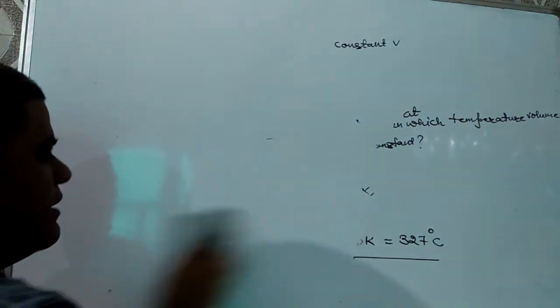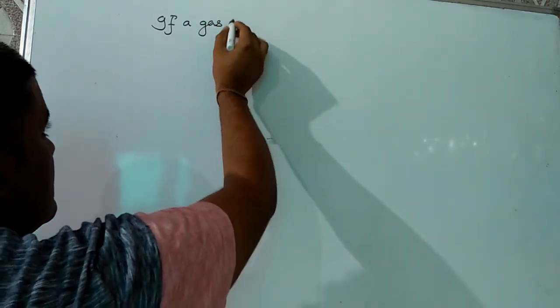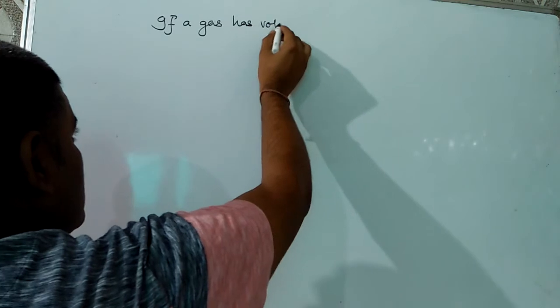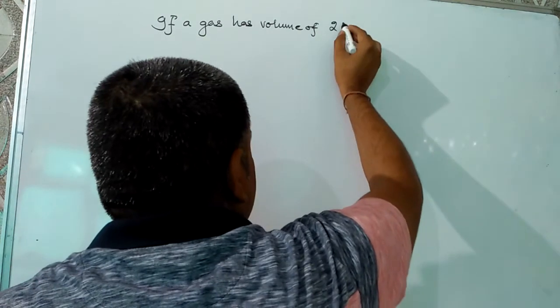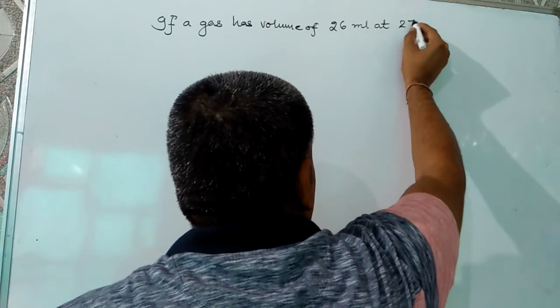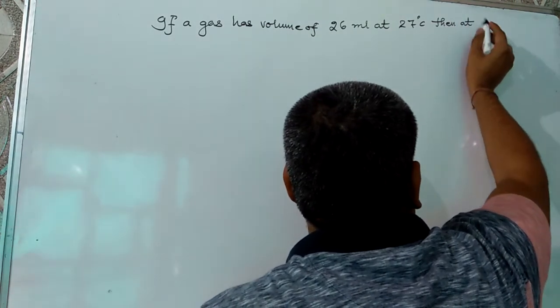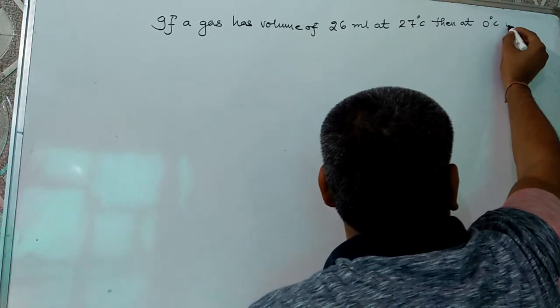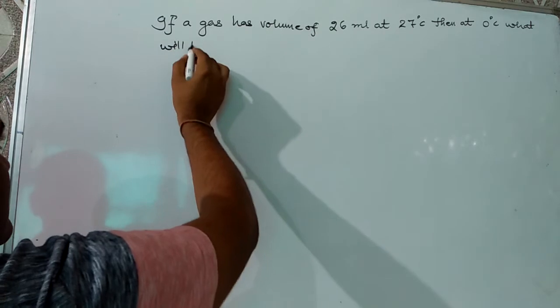If a gas has a volume of 26 ml at 27 degrees centigrade, then at 0 degrees centigrade, what will be the volume of the gas?